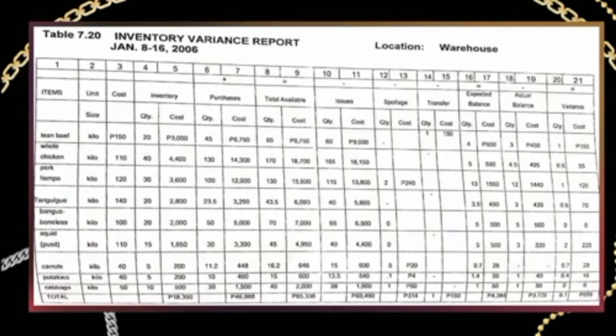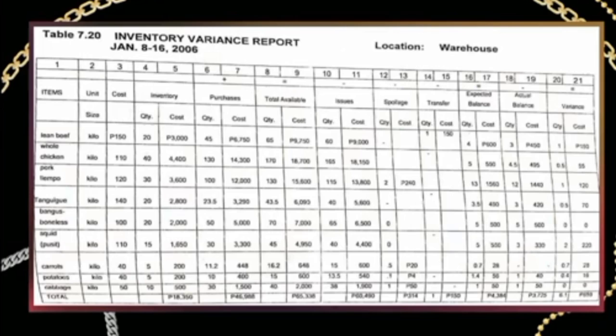Next, refer to the purchases worksheet and copy the total quantity of all stocks purchased and received and enter this figure under column 6, the purchases of the form, and the amount of purchases under column 7. Get the sum of the beginning inventory and the total purchases, and the resulting figure is the total available.